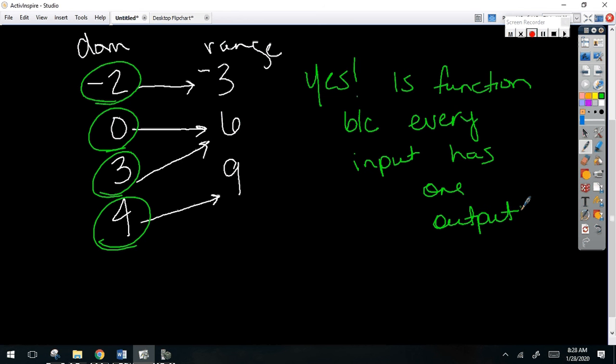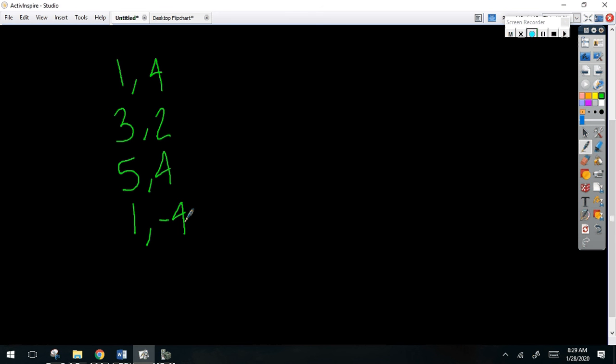Okay. Let me show you another one. I'll give you a second to copy that. I'm going to do these as points. The question is, is this a function? Yes or no? Does every input have only one output?